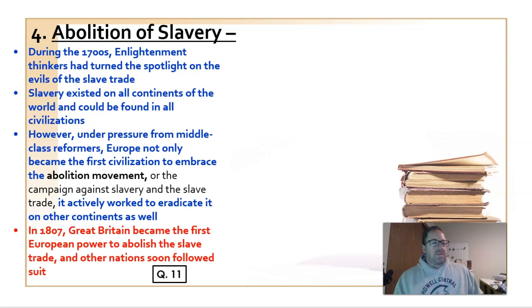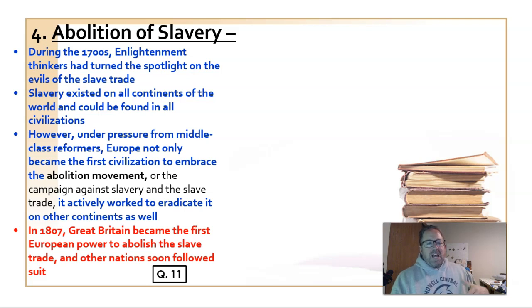None of the hundreds of ships that are being used as slave ships can do that any longer. The slavery, though, in British colonies in the Caribbean is going to continue for another 20 years or so.